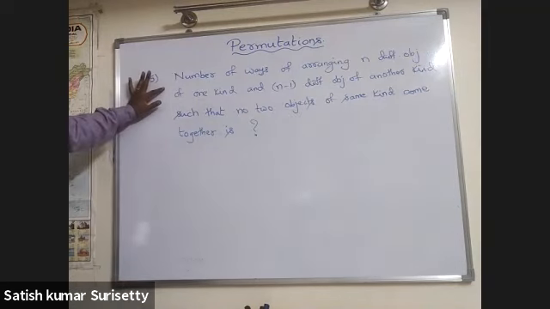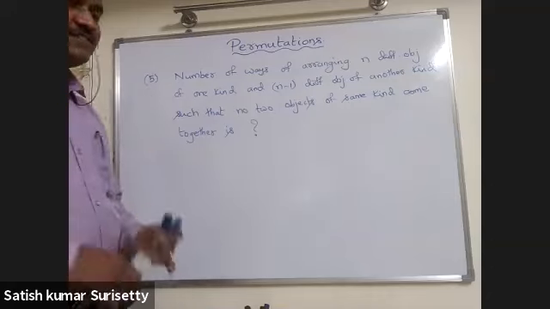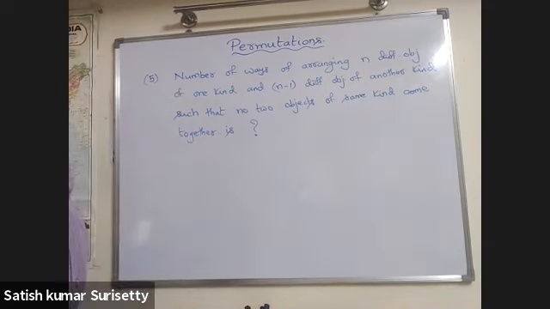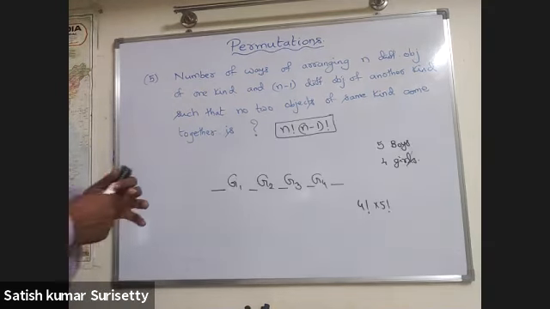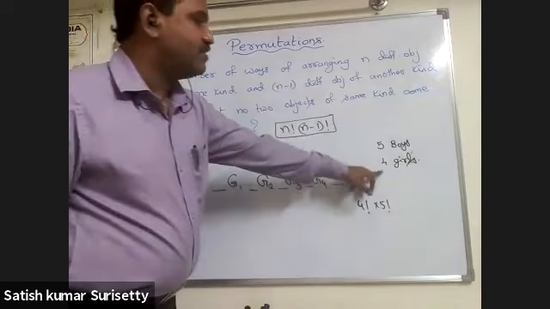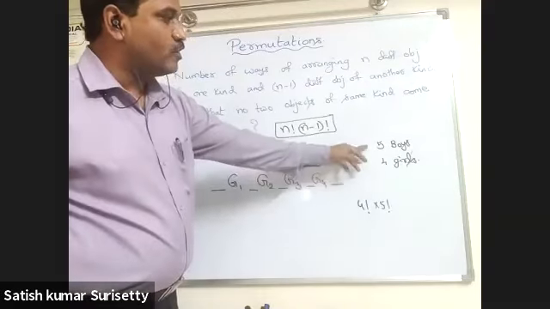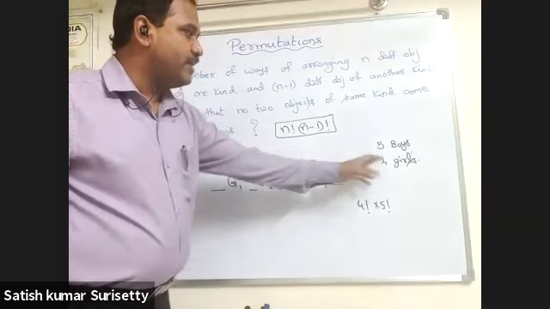Number of ways of arranging n different objects of one kind and n minus 1 different objects of another kind, such that no two objects of the same kind come together. This problem you can interpret like 5 boys and 4 girls sit in a row such that no 2 boys nor 2 girls should be together.